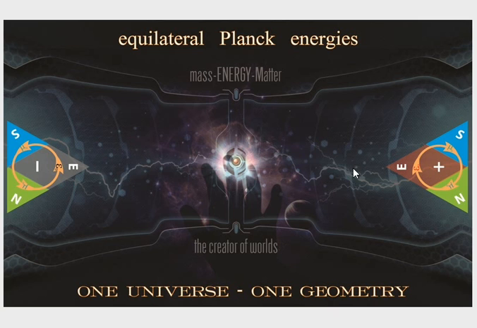Again, highlighting once again that all of the universe, both its geometry, its mass, its matter, and its forces, are derived from the single geometry, equilateral geometry, of a quantum of energy, mass energy or energy momentum, or in the case of these drawings, energy angular momentum or mass angular momentum, Planck's constant.